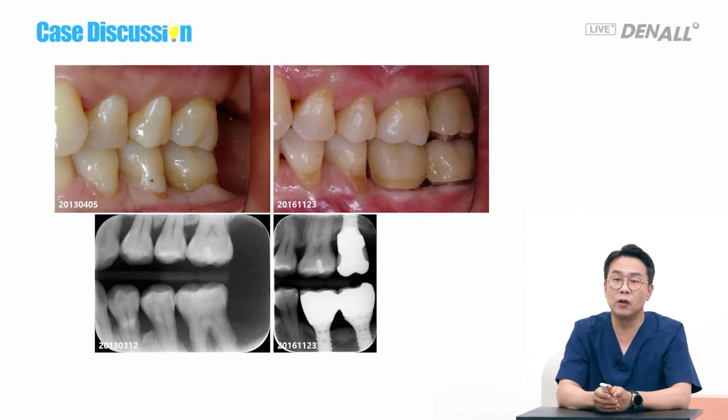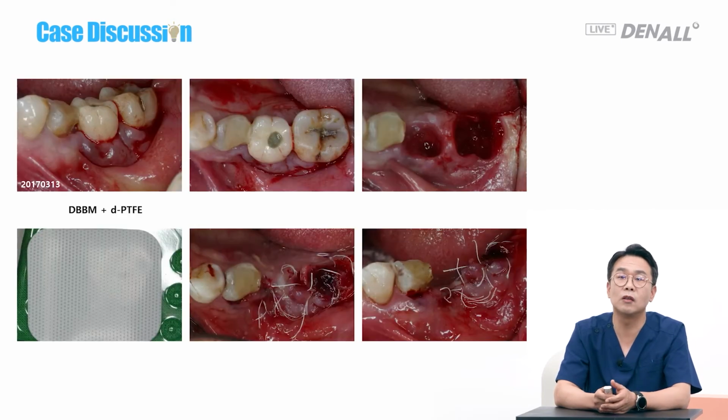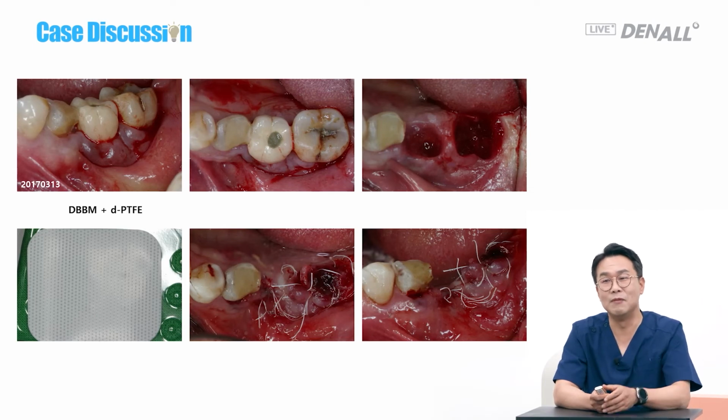If that is necessary, then I do the socket preservation. Likewise, a patient came like this. The problem is at number 30, the existing implant and the distal hopeless tooth, so I thought it would be concave and did the same procedure.